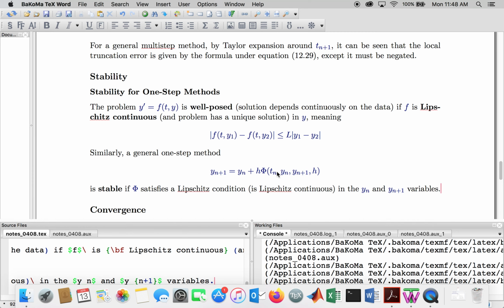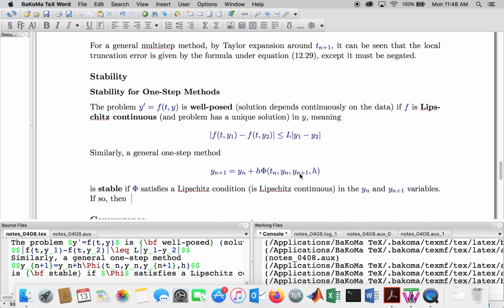Just as we want f from the ODE to be Lipschitz continuous in y, phi should be Lipschitz continuous in those arguments that correspond to solution values, y n and y n plus 1.